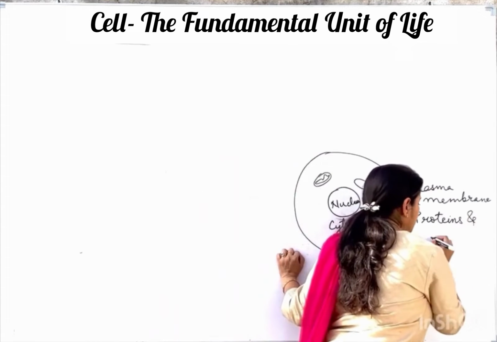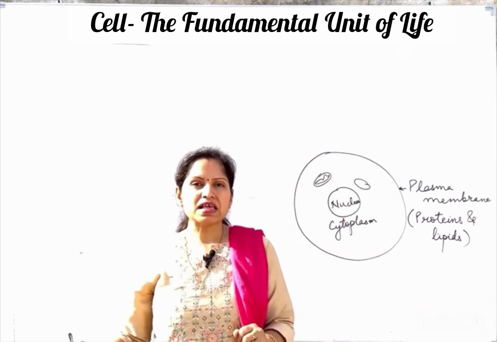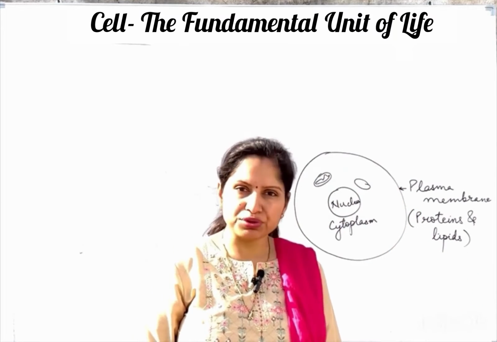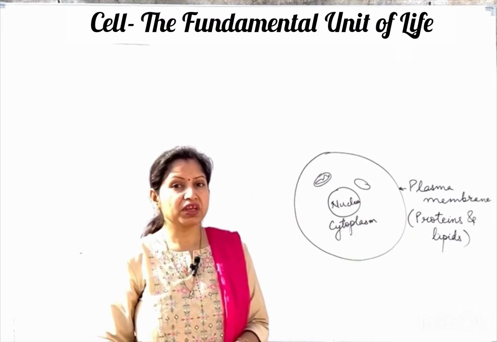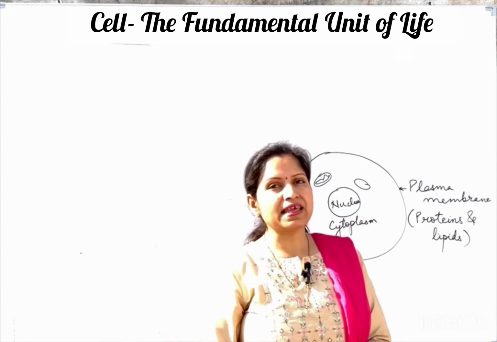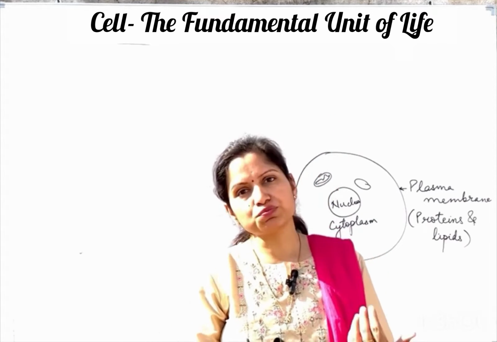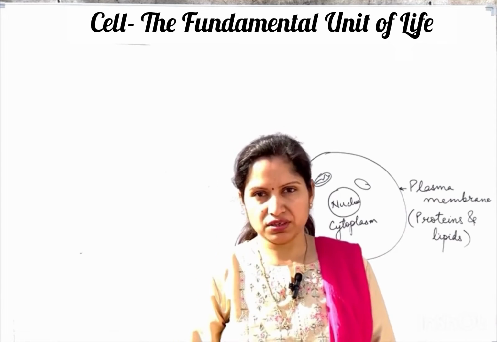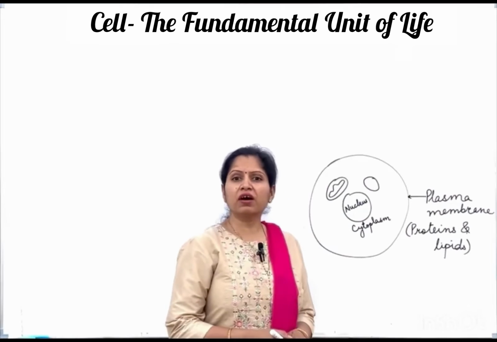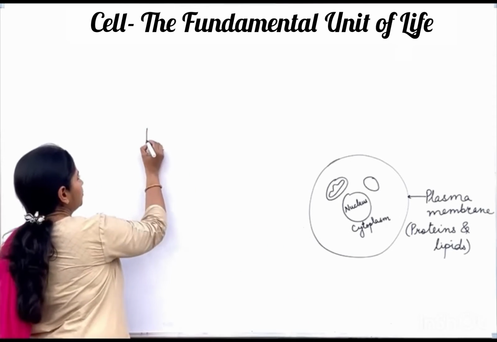But remember right now that proteins and lipids form this plasma membrane. This plasma membrane is semi-permeable. Semi-permeable means it will allow some things to pass through it and it won't allow some other things to pass through it. Okay. Now coming to a very important topic, that is diffusion.